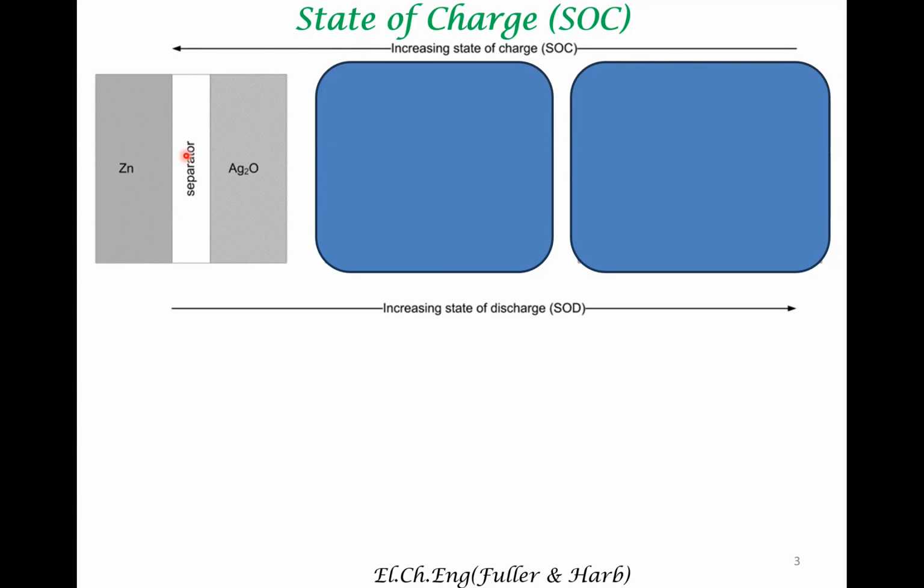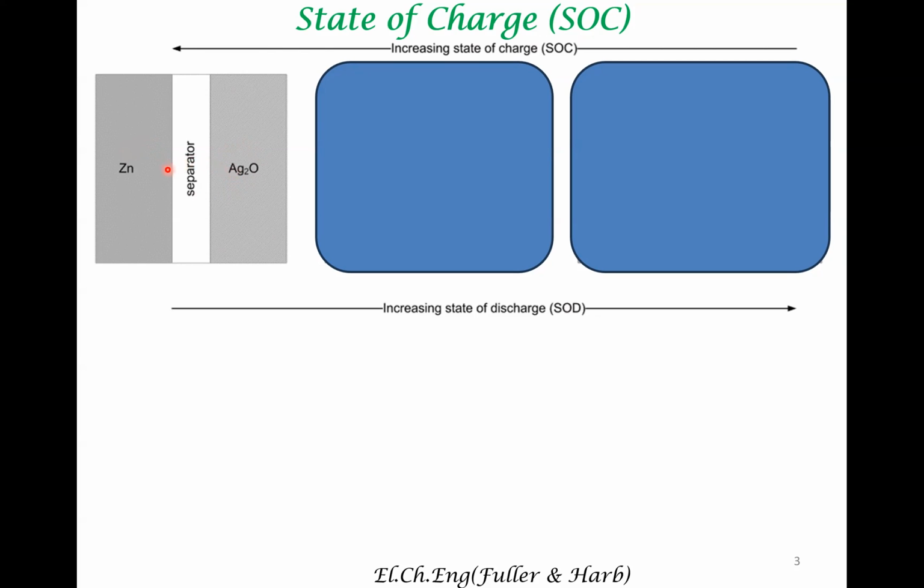Chemical intuition suggests that zinc would tend to get oxidized, and the oxygen for it to get oxidized is supplied from silver oxide. The entire reaction of zinc getting oxidized to zinc oxide and silver oxide getting reduced to silver would be an exothermic reaction, and that is what gives rise to the potential of a battery.